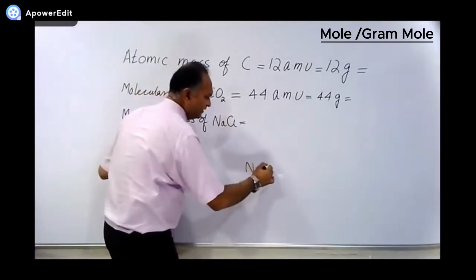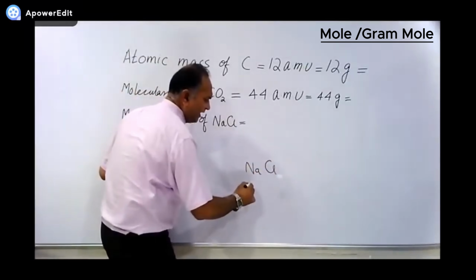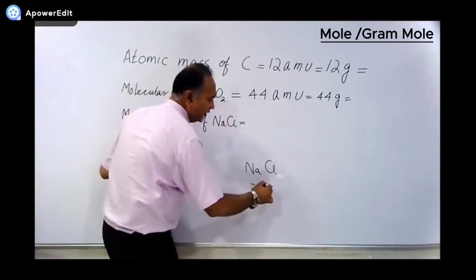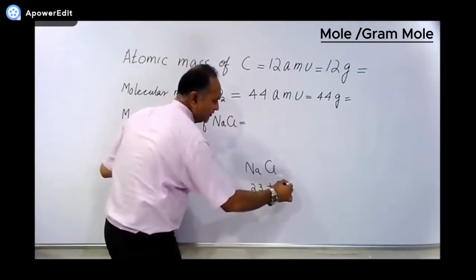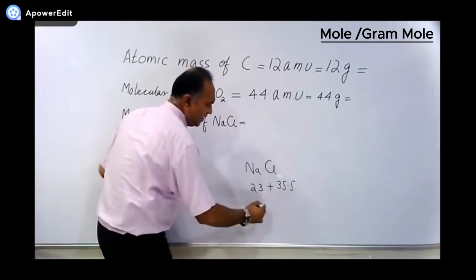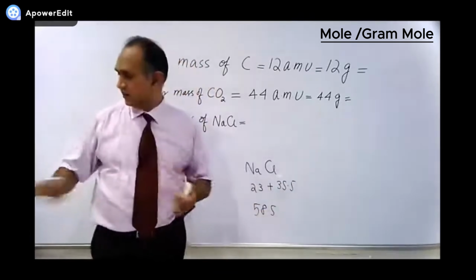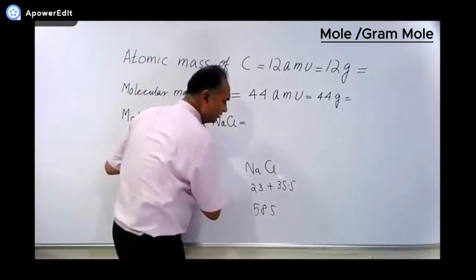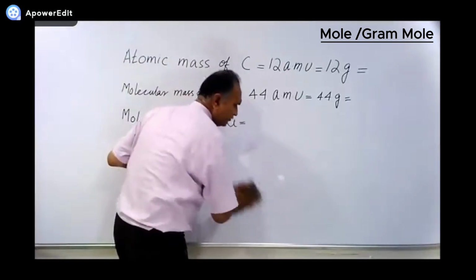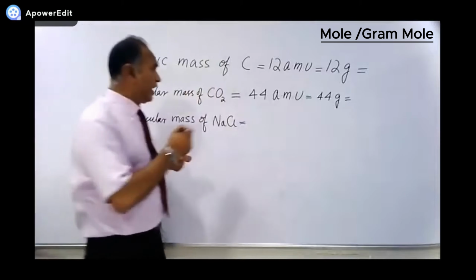NaCl: Na 23, chlorine 35.5, 58.5. Okay? So the mass of NaCl is 58.5.